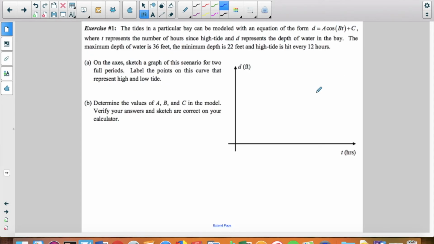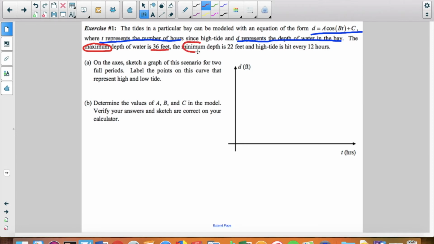Okay, so let's look at the first example. It says the tides in a particular bay can be modeled with the equation in this form. So it's a cosine graph where T represents the number of hours since high tide and D represents the depth of the water in the bay. The maximum depth, so right here I see the word maximum, is 36 feet.